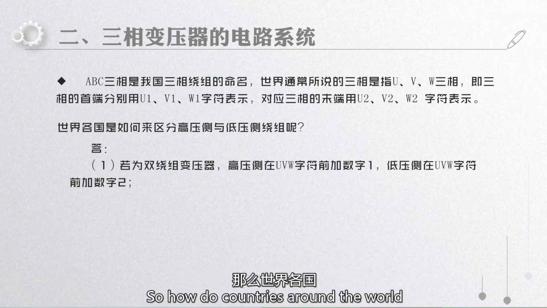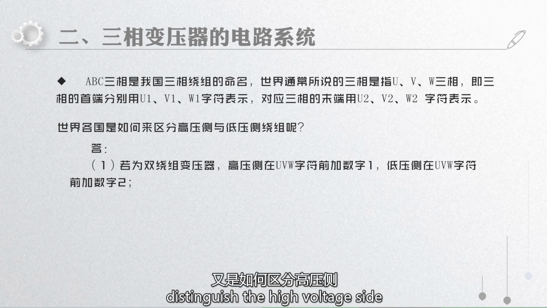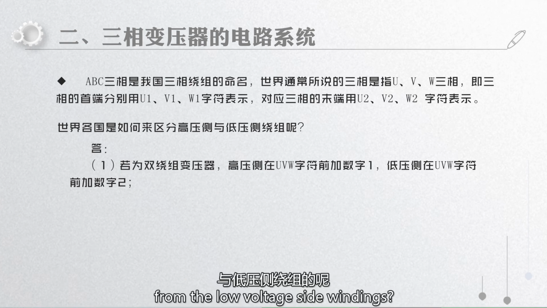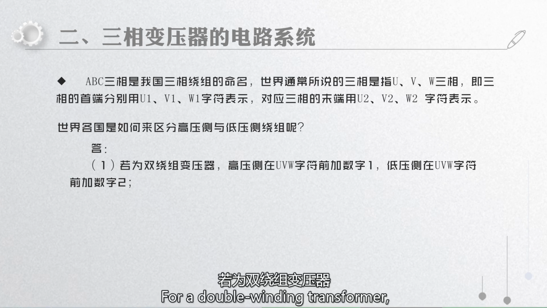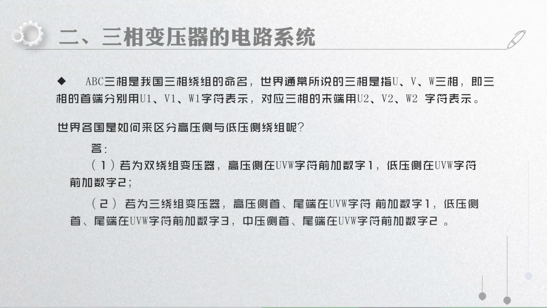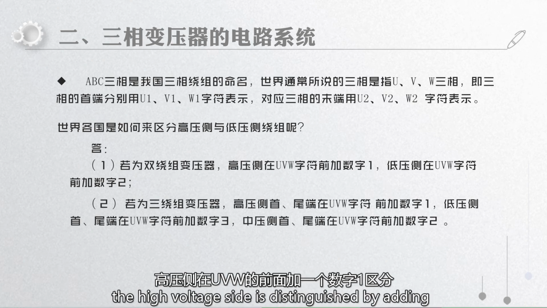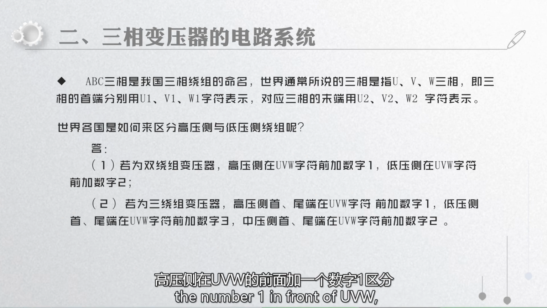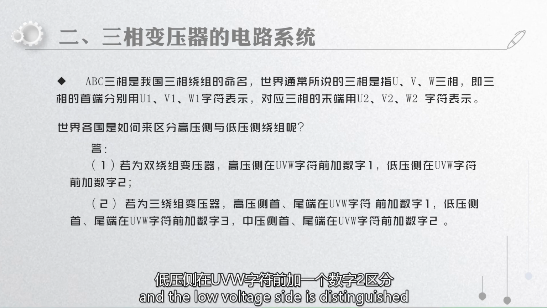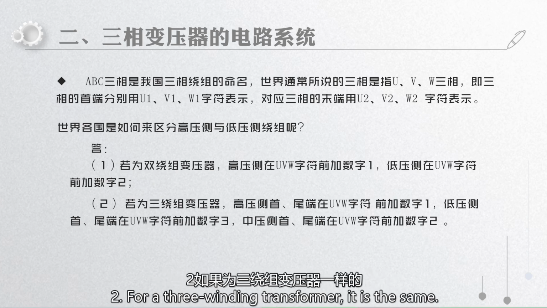So, how do countries around the world distinguish the high voltage side from the low voltage side windings? 1. For a double winding transformer, the high voltage side is distinguished by adding the number 1 in front of U, V, W, and the low voltage side is distinguished by adding the number 2 in front of U, V, W. 2. For a three-winding transformer, it is the same.